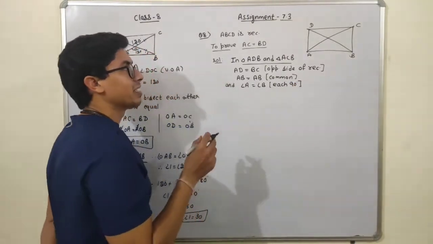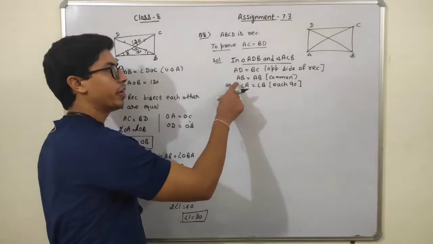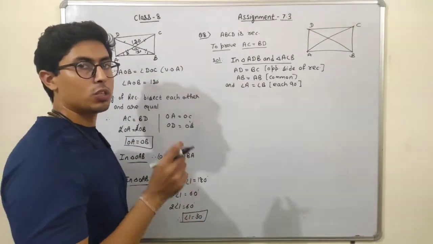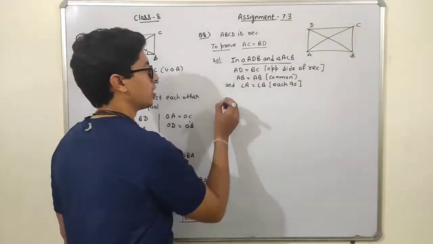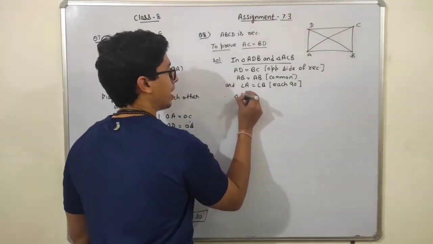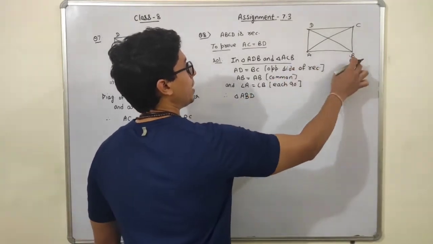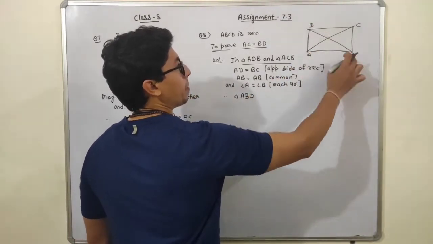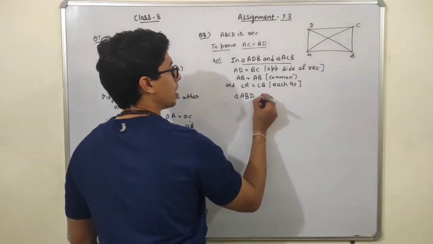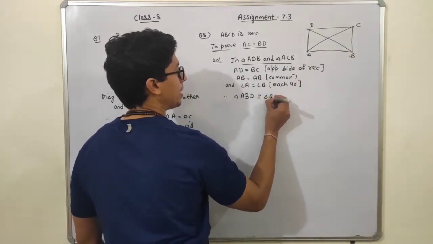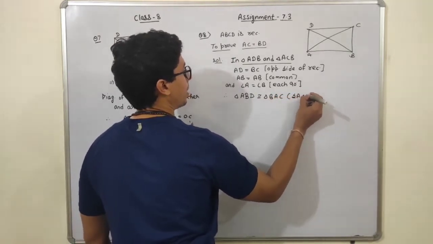So students, I can say that by the SAS property, because two sides and the included angle are equal, both the triangles are congruent. Therefore, triangle ABD is congruent to triangle BAC by the SAS property.